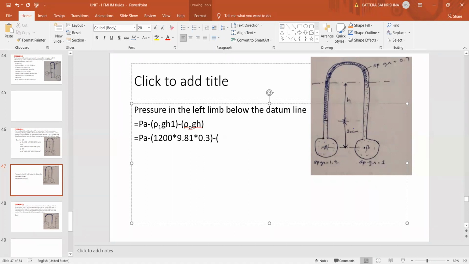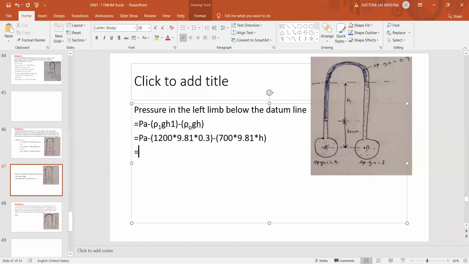Already we have calculated it in the given data. Density of oil is 700 into g, 9.81, into the height. Do you know the height here? No, sir. So keep it as H only.